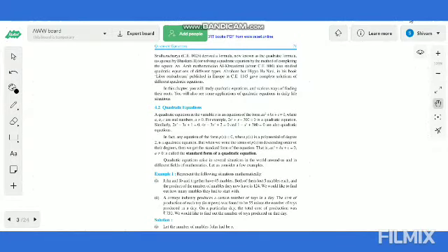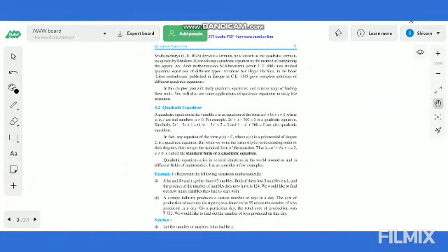Okay, today we are going to start chapter 4 of class 10, that is quadratic equation. In class 9, students had studied about quadratic polynomial.